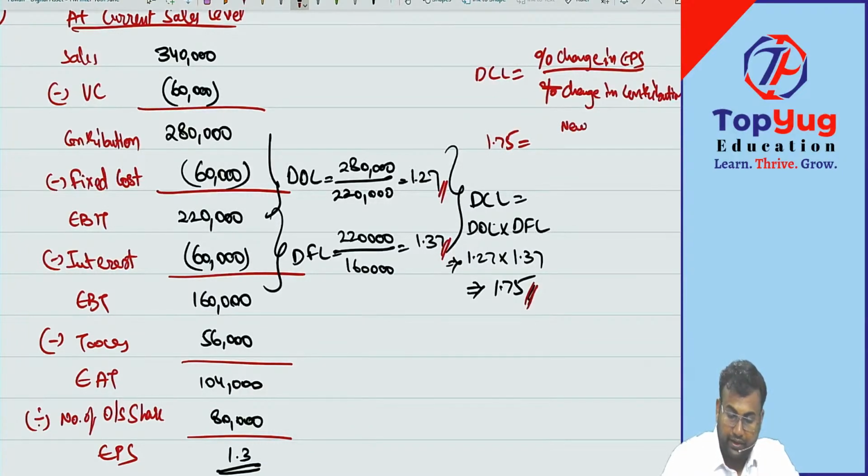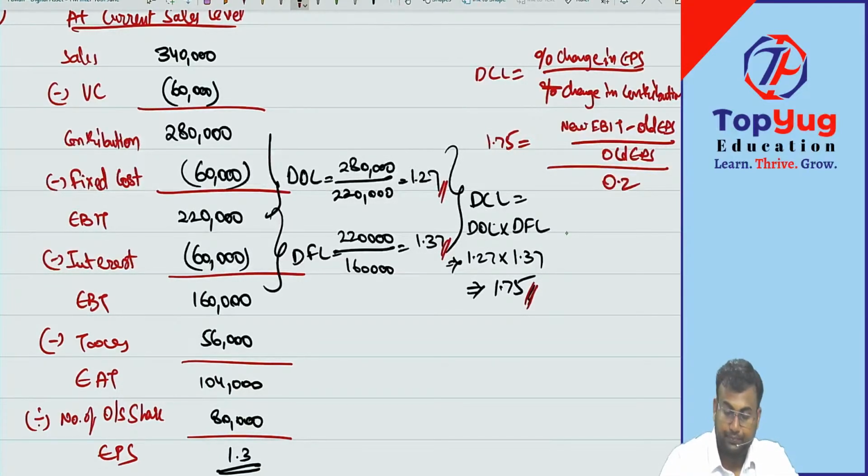New EBIT you don't know. First we'll take the positive change, then we'll take the negative change. Percentage change in EPS is new EPS minus old EPS, that is 1.3, divided by old EPS, which equals DCL times the percentage change in sales, 0.2 positive.